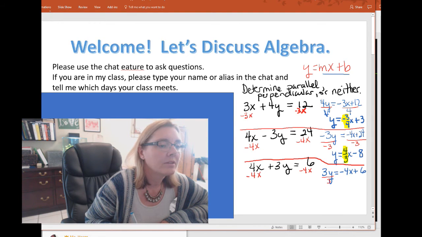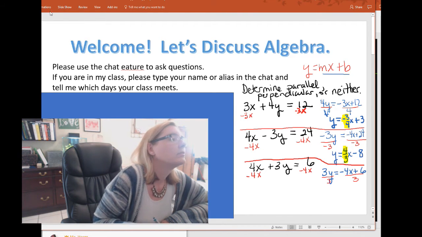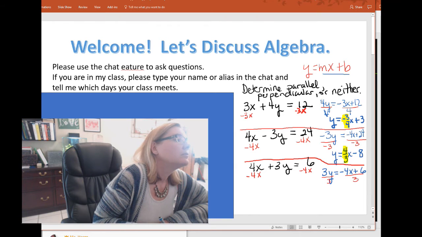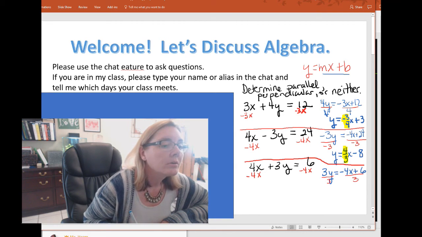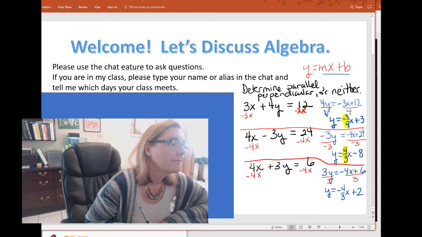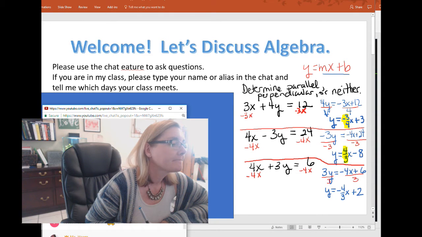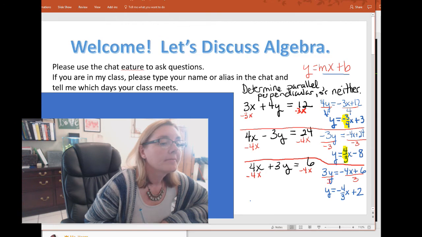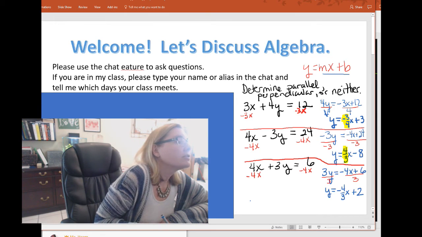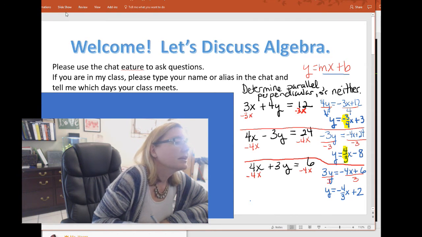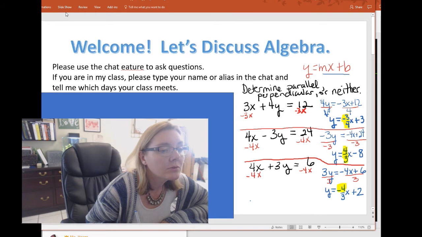So dividing by 3 on both sides, we're going to have y equals, now negative 4 divided by positive 3 is negative 4/3 x plus 6 divided by 3 is 2. All right, finally we have our third slope. So let me highlight that. It's negative 4/3.